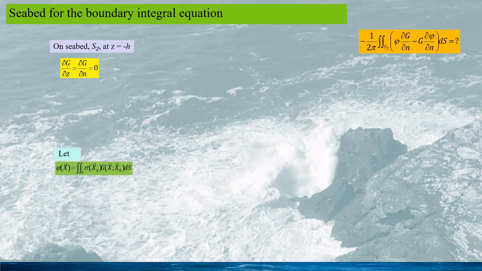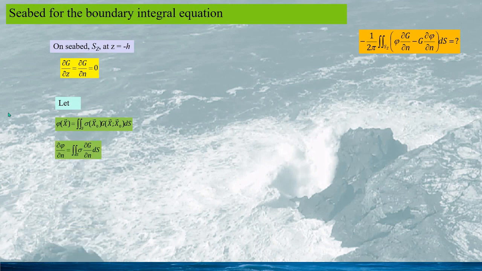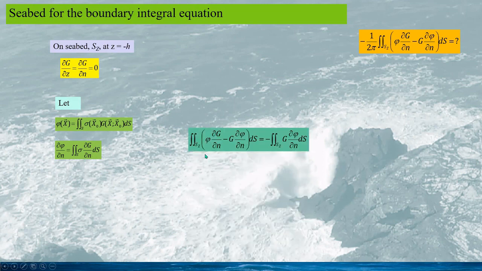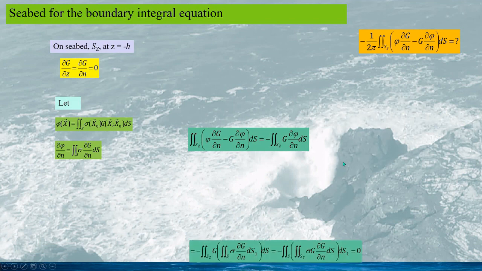We assume the potential can be expressed as a result of the distributed sources on the entire boundary S. Here, gamma is the strength of the distributed sources, and the normal gradient of the potential can be expressed as this. So, for the integration on the surface SZ, by applying the seabed condition, the integration would become as this.